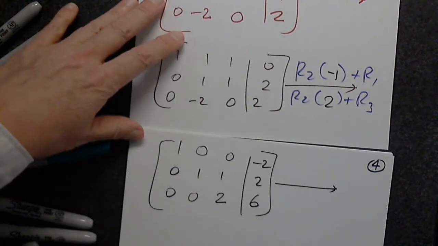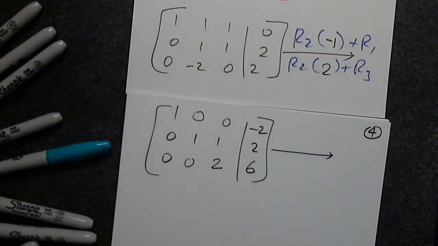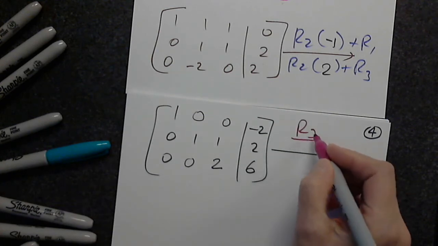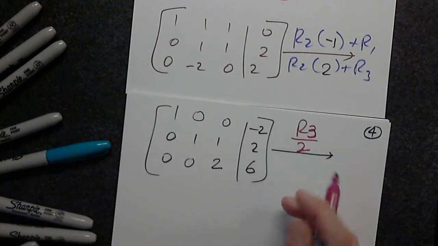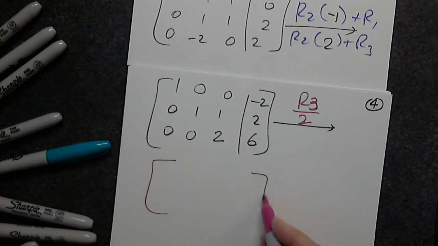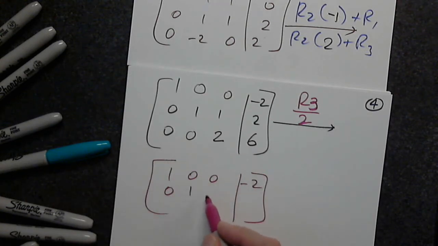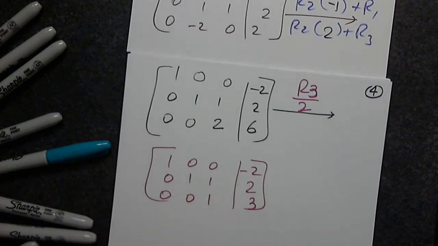We accomplished a lot. But now we need to divide the row 3 by 2. So then we have 1, 0, 0, negative 2, 0, 1, 1, 2, 0, 0, 1, 3.